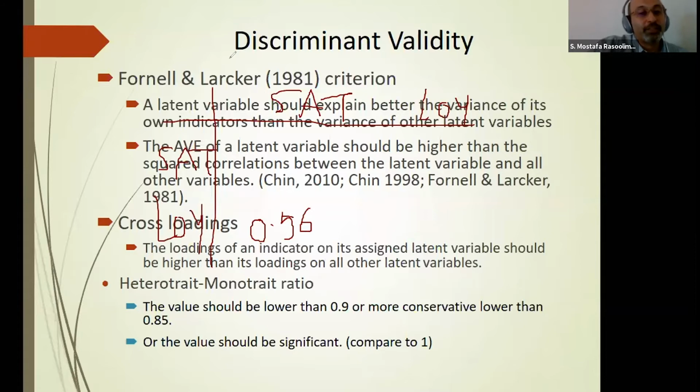For the Fornell-Larcker criterion, we have to check the value of AVE with the square of correlation between this construct and other constructs.